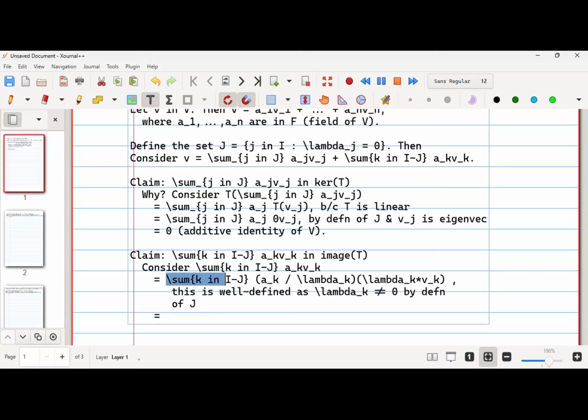And then now we just have to, you see how we can get to finding a vector in the domain that will map to this vector? Anyone? Can someone give me at least one step?